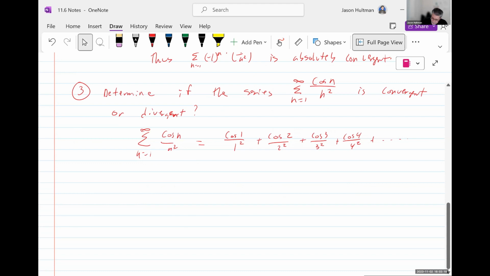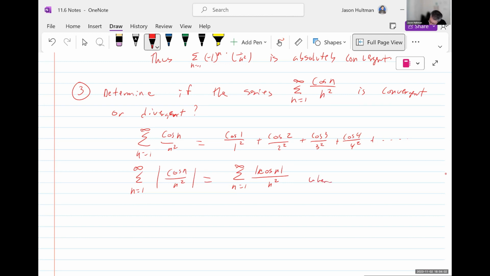And so if I absolute value this thing, cosine n over n squared, and I look at the absolute convergence, can I get this thing to be absolutely convergent? I don't know about the original. The original would be kind of hard to figure out. How do the cosines behave? But this thing, when I absolute value it, becomes cosine of n absolute valued over n squared, because anything squared is positive anyway.